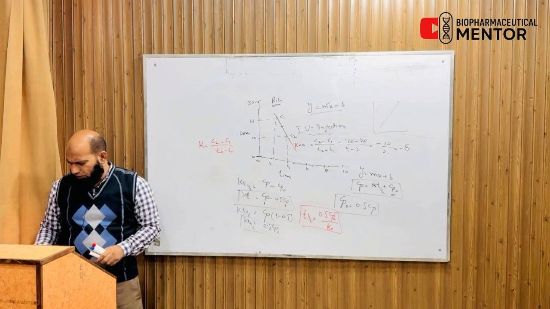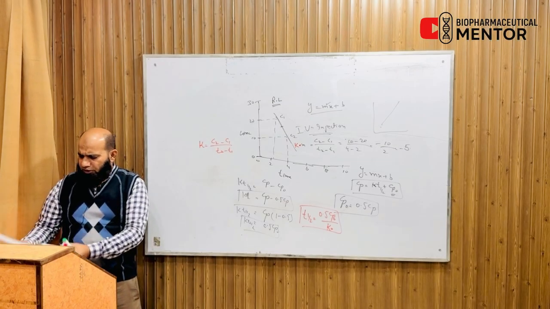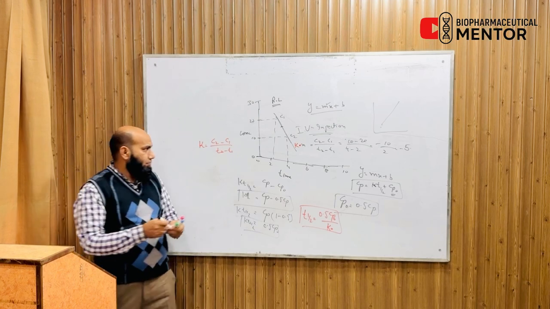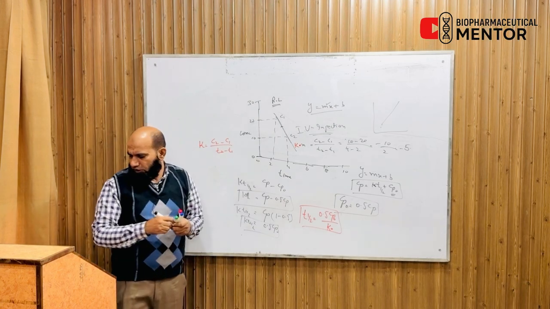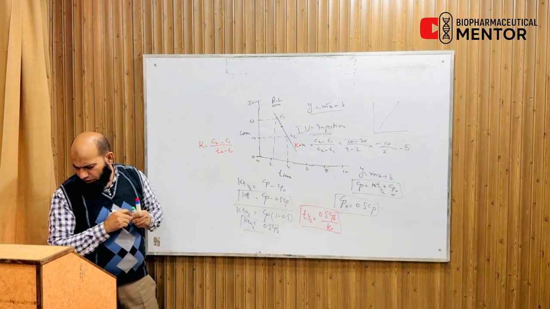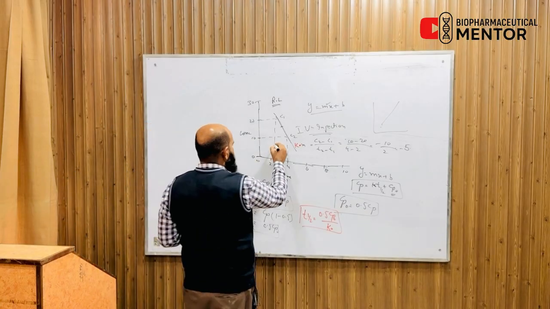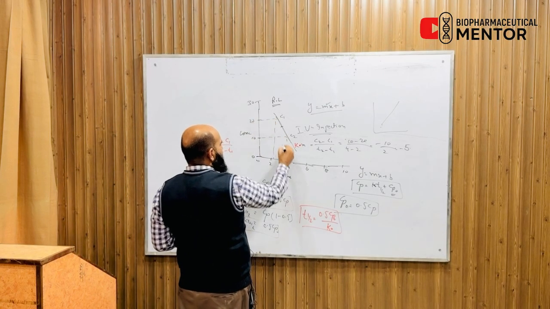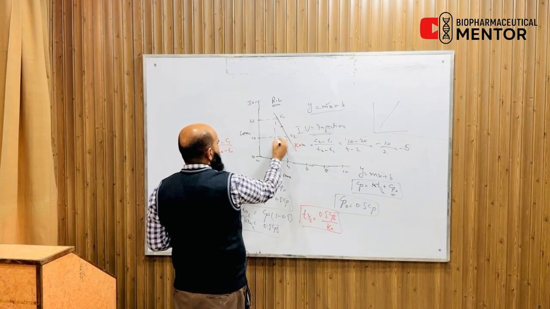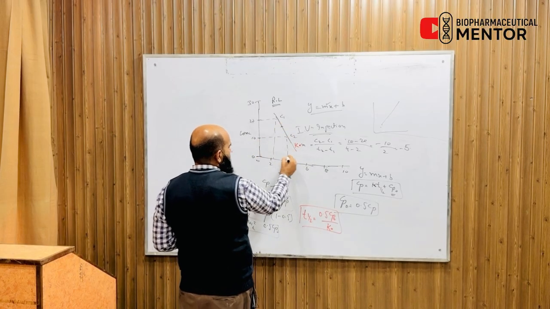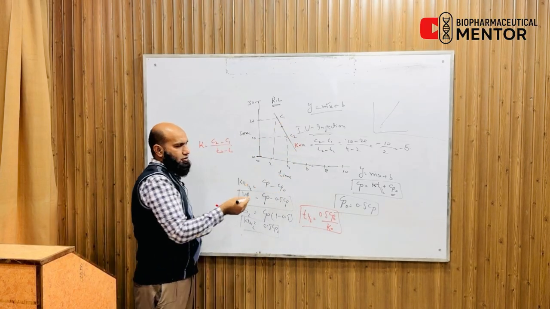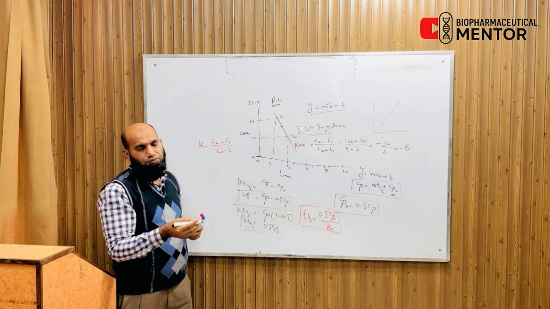Of this type of profile, I will make the same scenario of concentration and time. For example, at 2 we have the value of 20, at 4 we have the value of 10, and at 6 we have the value of 5.